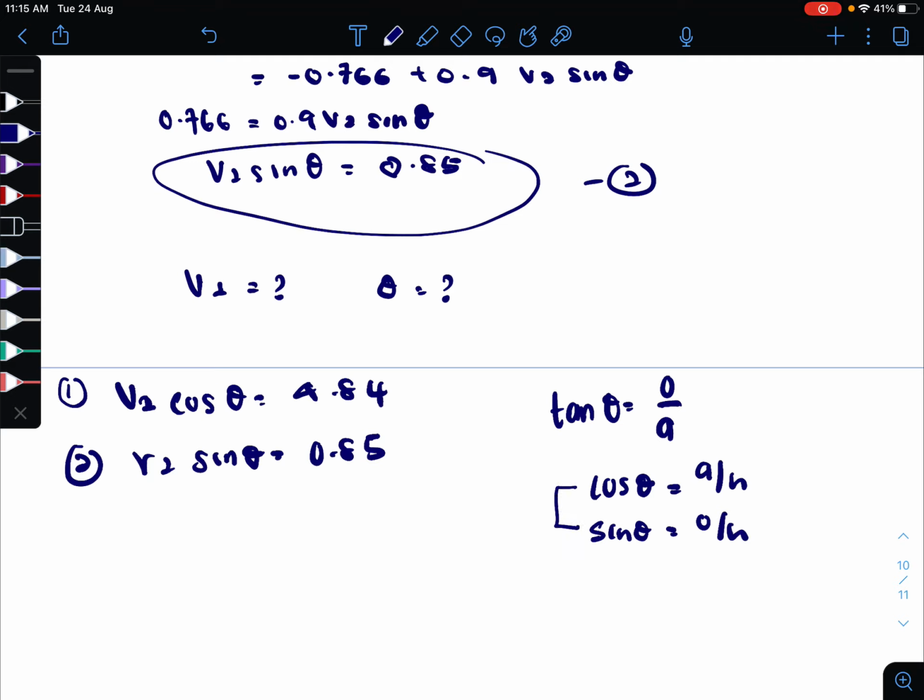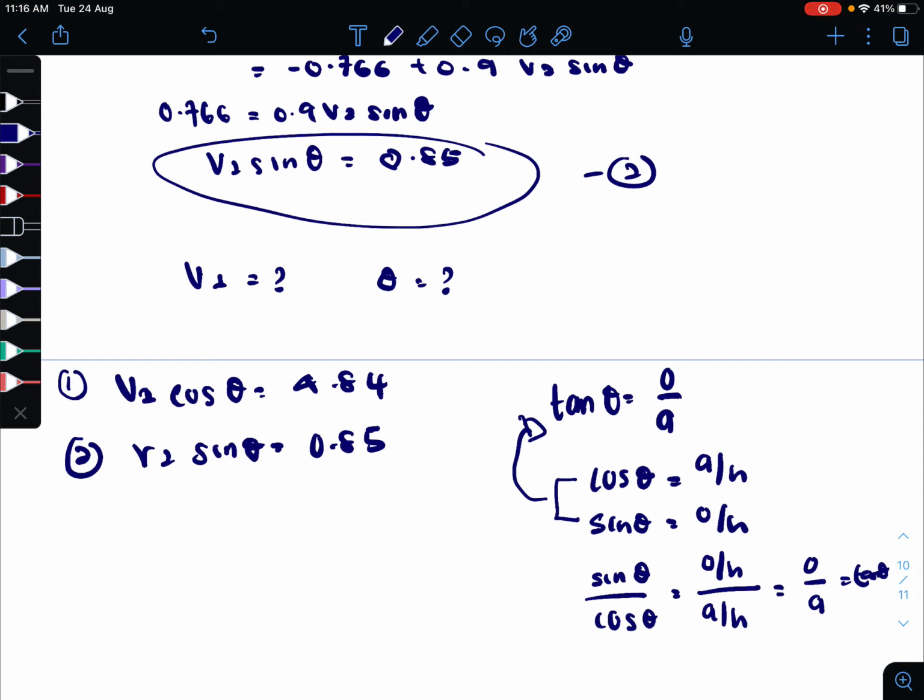Right, so these two can be related into tangent by dividing the sin theta over cos theta. Bila kita bahagi, sin theta adalah opposite over hypotenuse dibahagikan dengan adjacent over hypotenuse. What you are going to end up with adalah opposite over adjacent. Hypotenuse cancel each other. Okay, opposite over adjacent adalah sebenarnya leads to tangent theta.